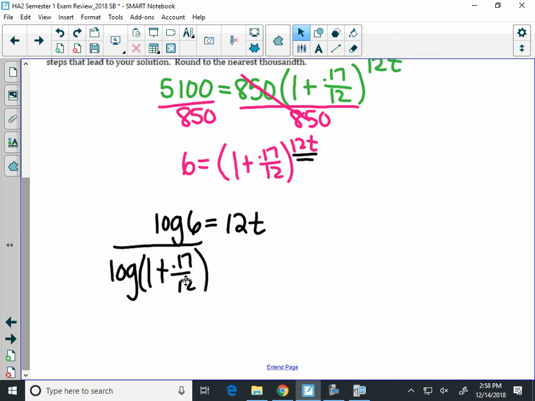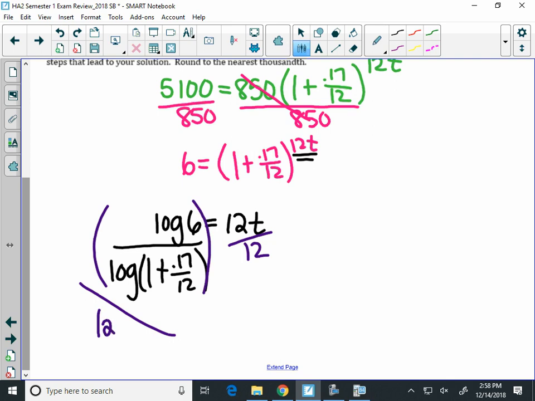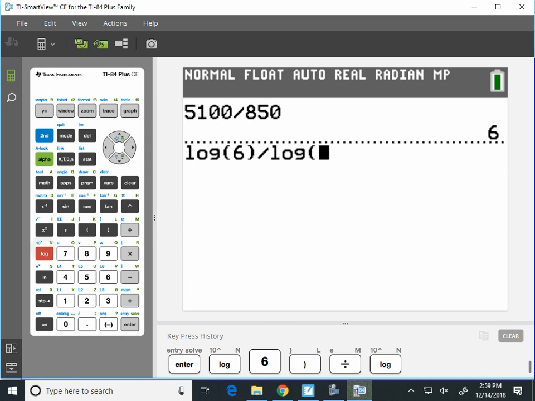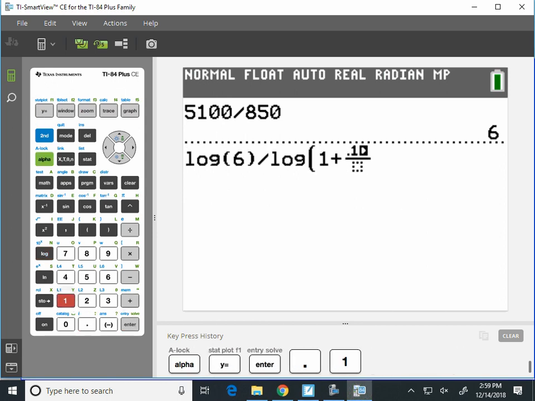Don't type it in your calculator yet. You need to wait until you're finished, because now you need to divide both sides, that whole fraction, by 12. That'll get you your time. So what this looks like in your calculator, if you forget, is you take your log of 6, divided by the log of that whole fraction here.